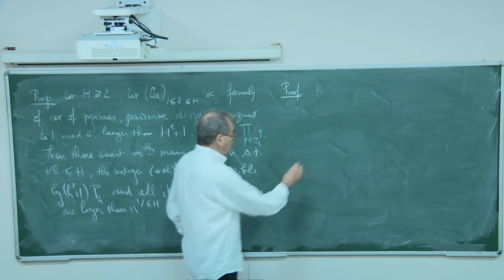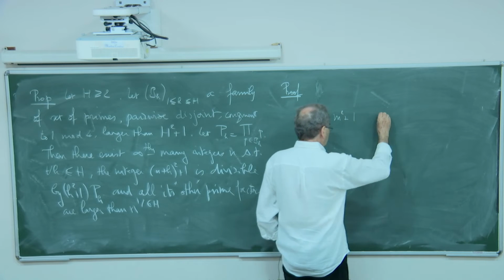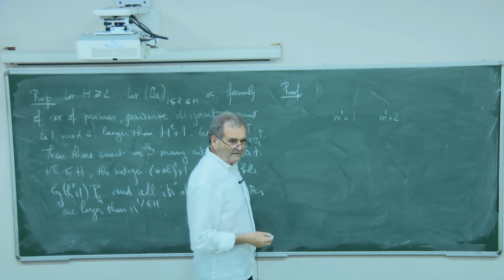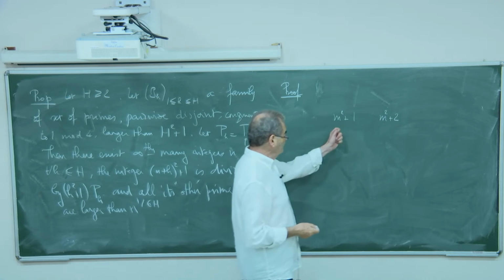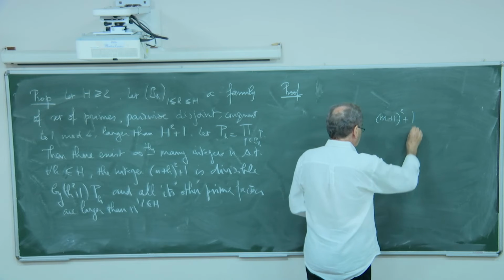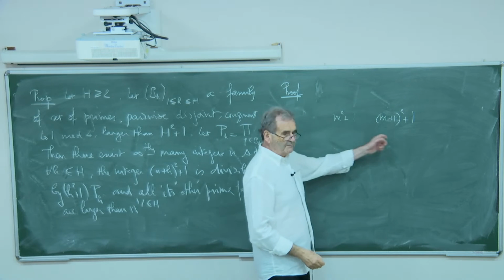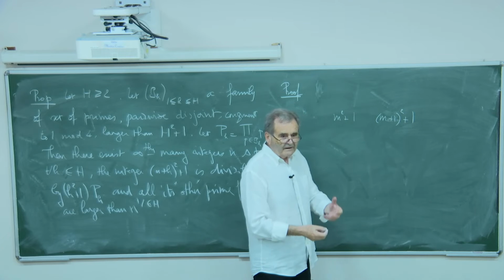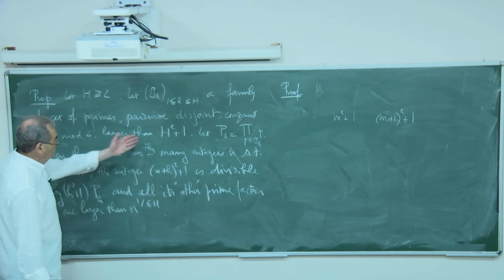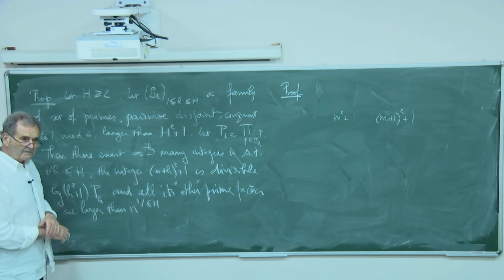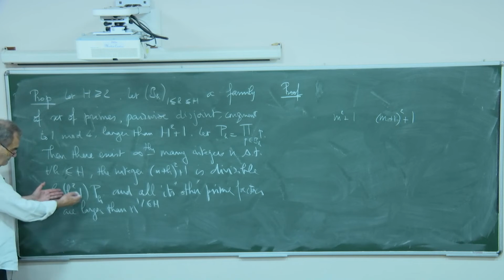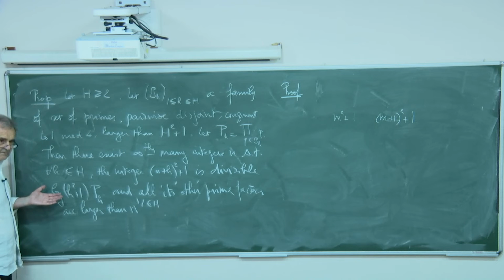But when you take m squared plus 1 and then m squared plus 2, you cannot do it with any prime you wish, because at least one of those two will be even. So you have to take care of all the primes up to h squared plus 1. Then you will have the larger ones. But the small ones, we cannot cheat with them. We have to take them into consideration.